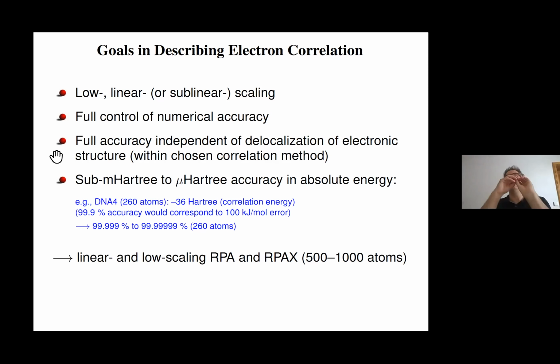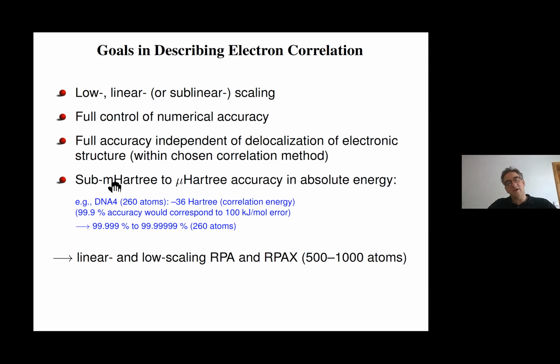So in a way, we want a linear scaling method for a local system. And if we hit a system like a block of gold atoms, then we still want to have the exact result within the correlation method we are using. But then, of course, we revert to the old scaling. But still, it's an ab initio method in this way because the result is always the correct one.